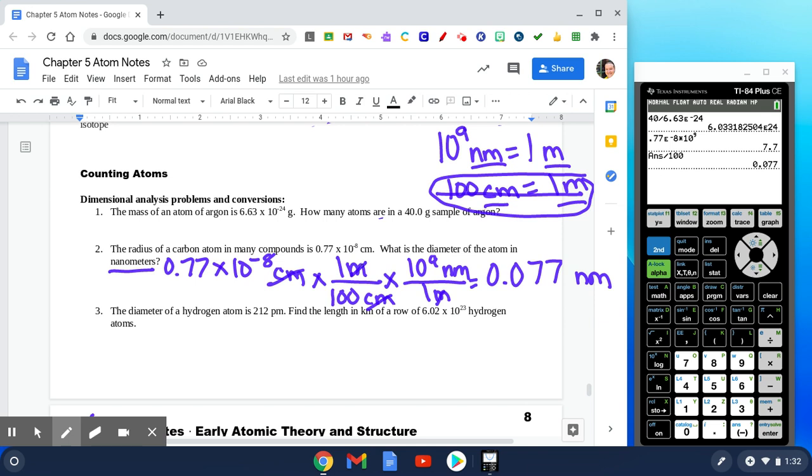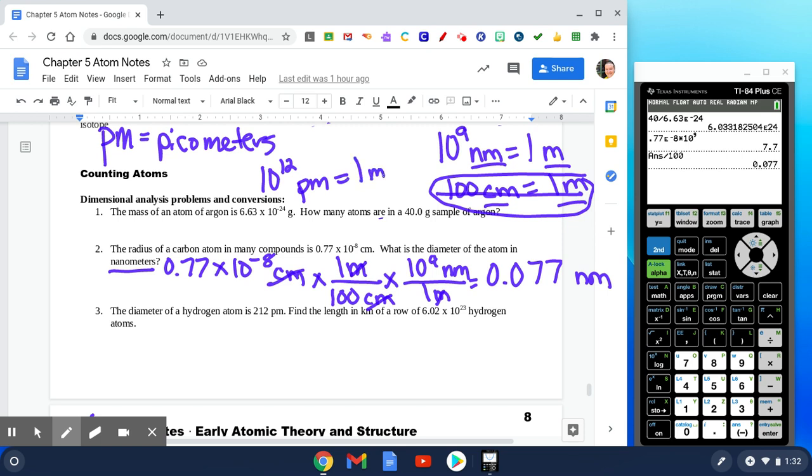So the next problem says we have a diameter of hydrogen that is 212 picometers. So pm means picometers. Okay. And I know that there are 10 to the 12th picometers in 1 meter. Okay.